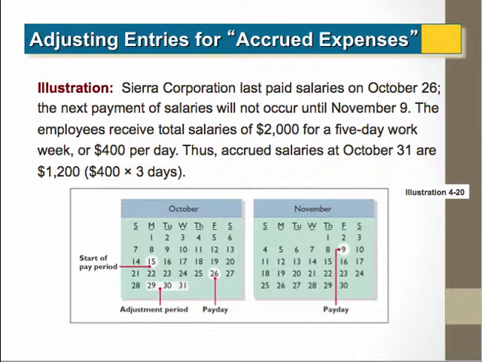The employees receive total salaries of $2,000 for a 5-day work week, or $400 per day. Thus, accrued salaries at October 31st are $1,200. We calculate that by taking the $400 per day times the 3 remaining days in that month.